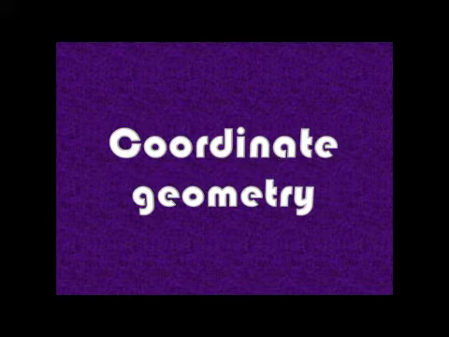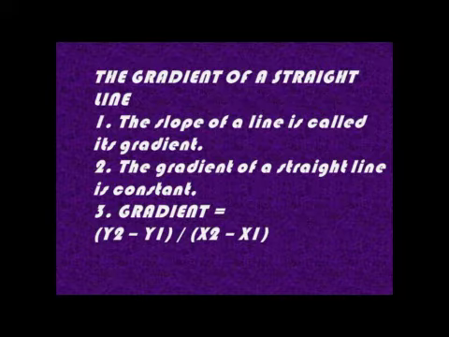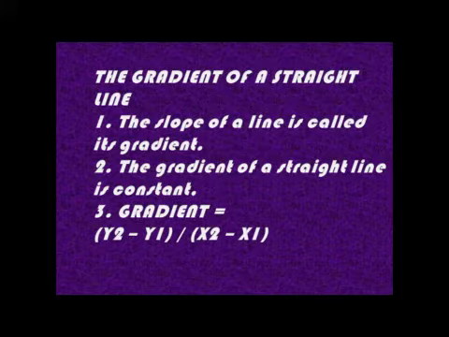So, without wasting time, let's get started. The gradient of a straight line. Now, it's not something very difficult. The gradient of a straight line is basically the slope of a line, right? A straight line has a slope.